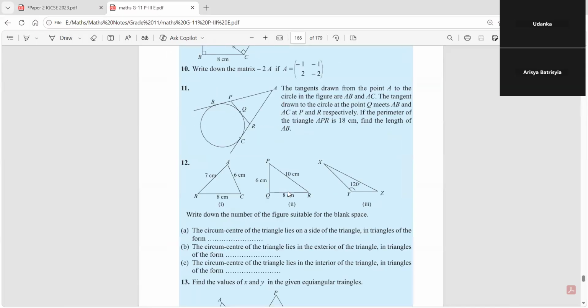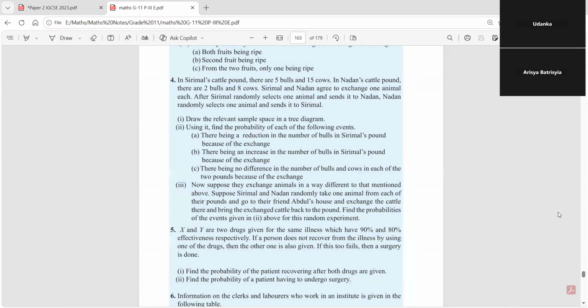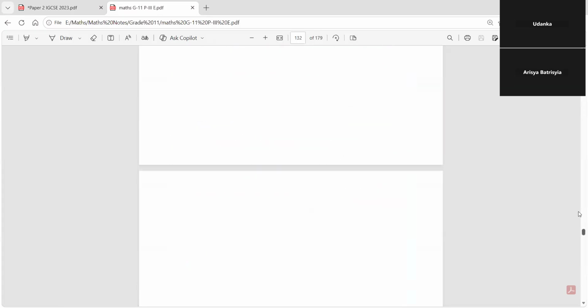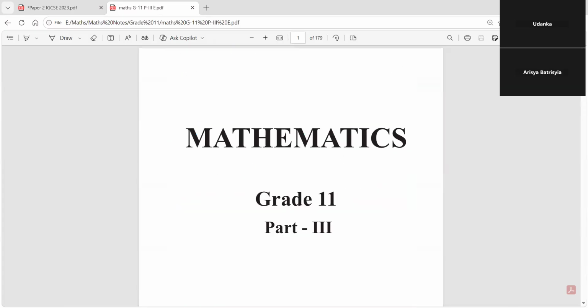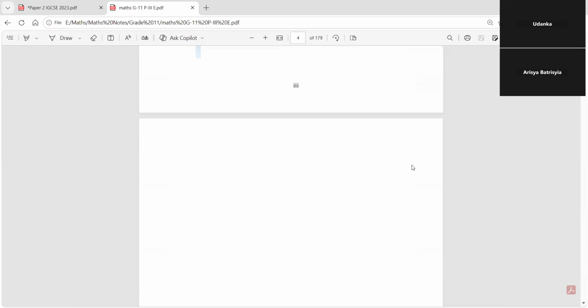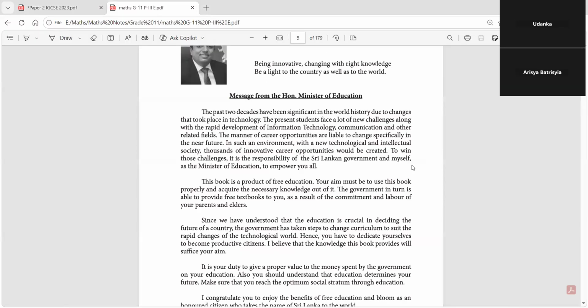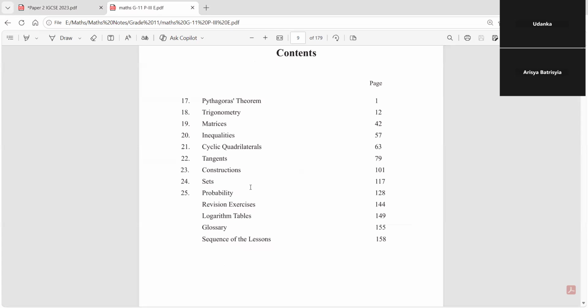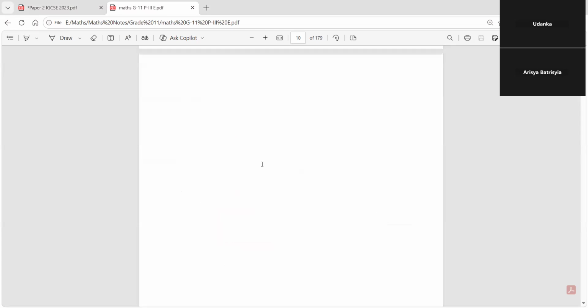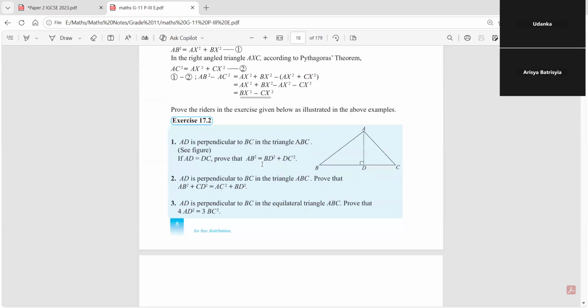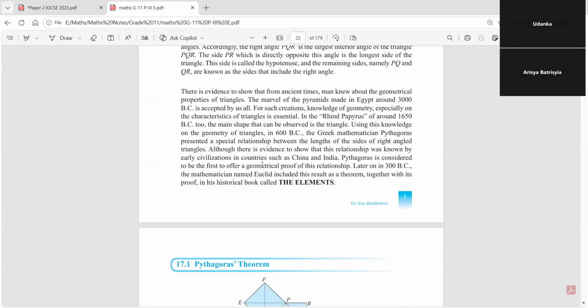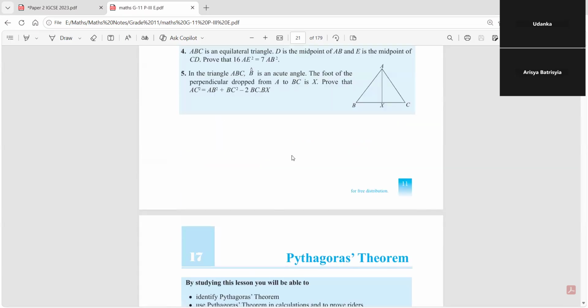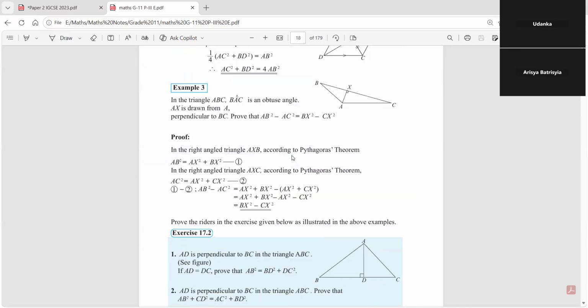Okay, they are having three trigonometric values. That's called sine value, cos value, and tan value. Now listen, it may be a little bit new for you.